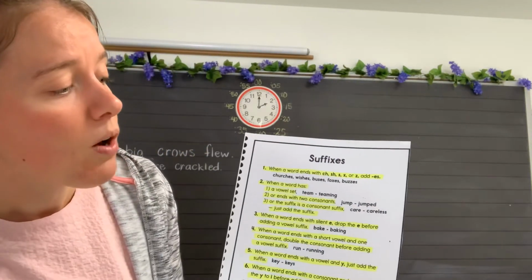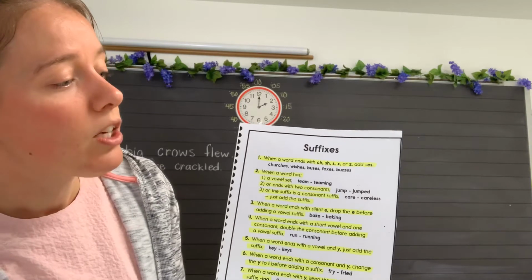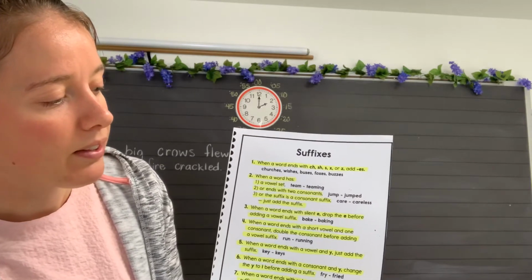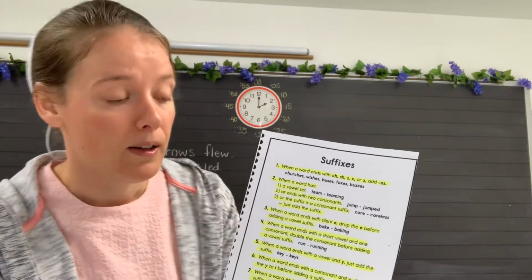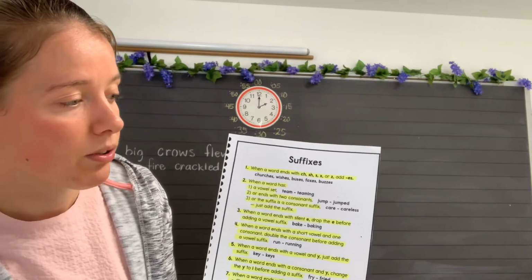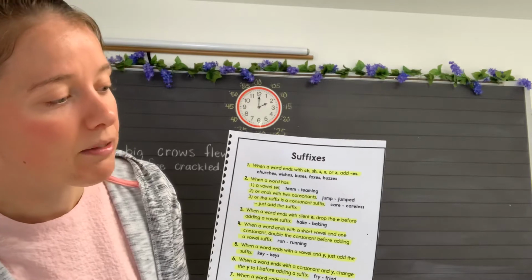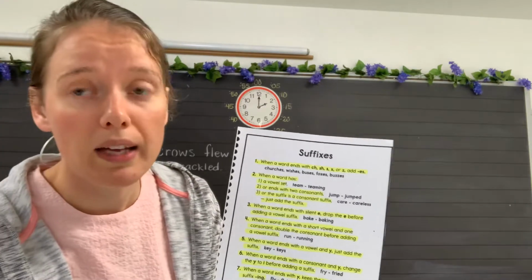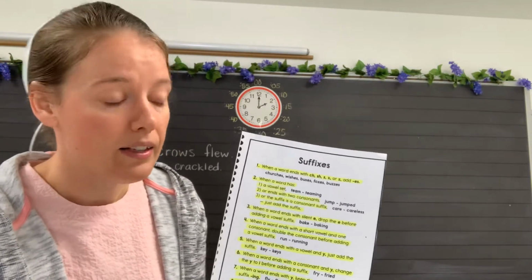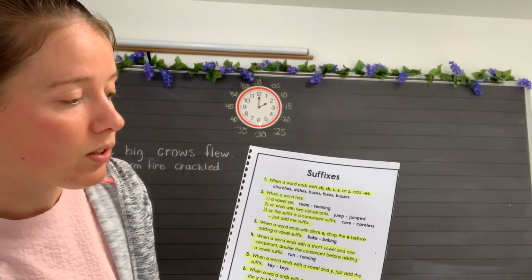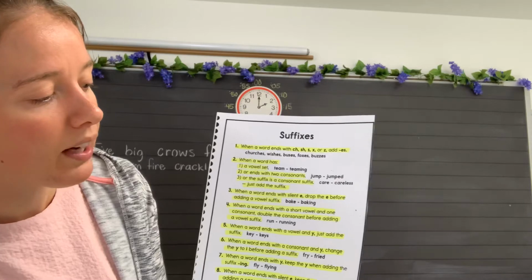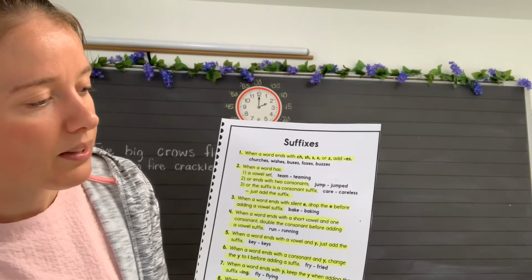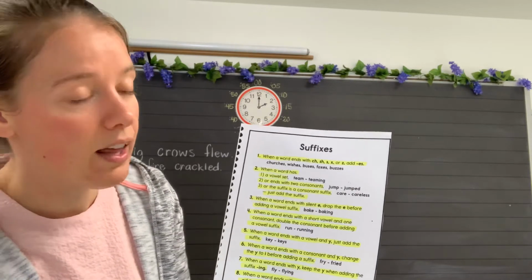Okay, number three, when a word ends with silent E, drop the E before adding a vowel suffix, like bake. It ends with a silent E, so we're going to drop the E before adding a vowel suffix like ing we added. So since we added a vowel suffix, we will need to drop the E. Number four, when a word ends with a short vowel and one consonant, double the consonant before adding a vowel suffix, like run.